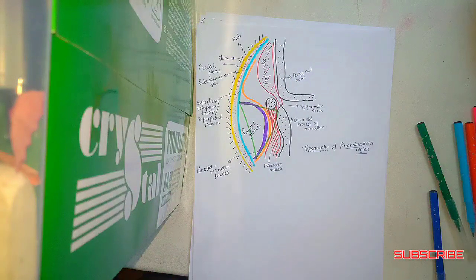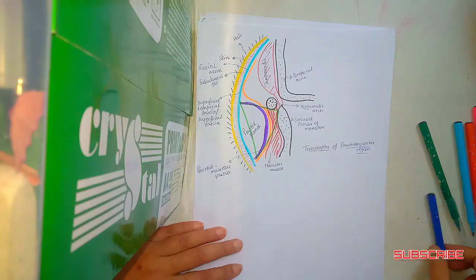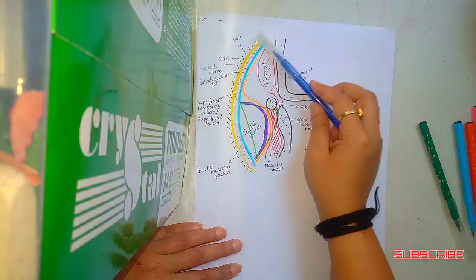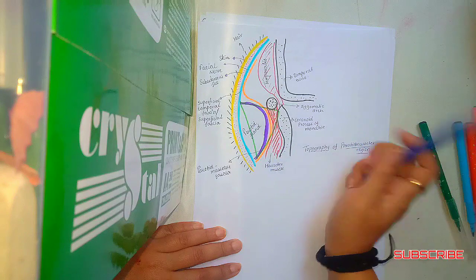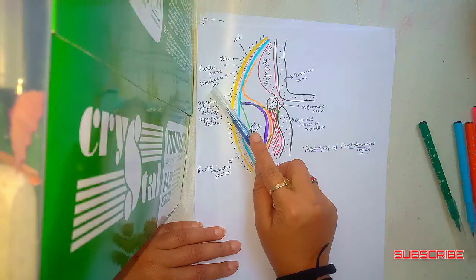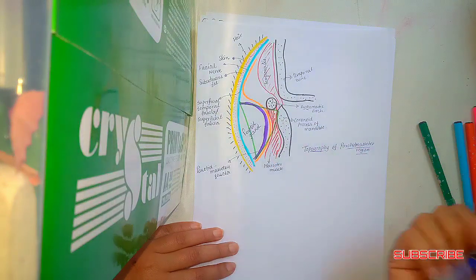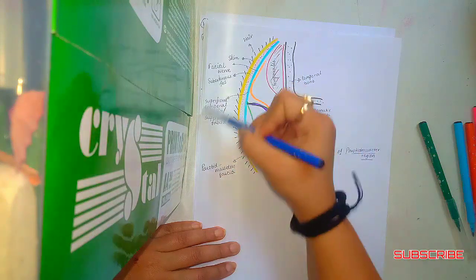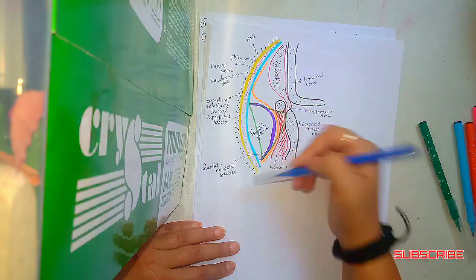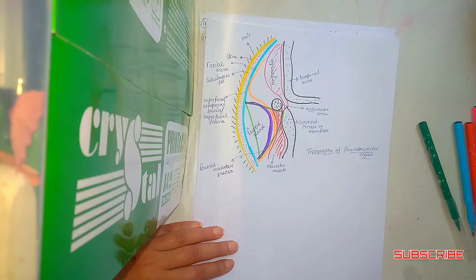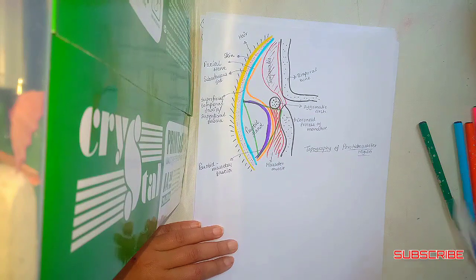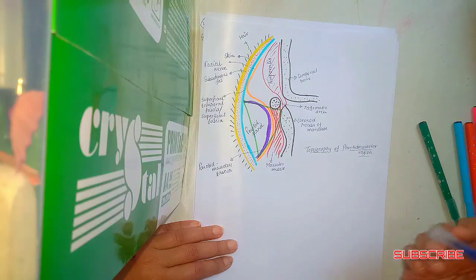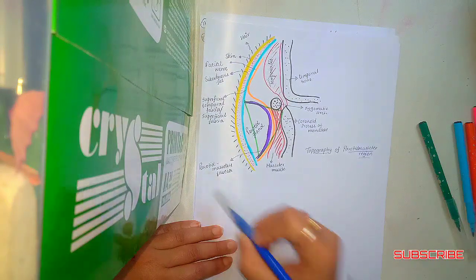So first we will talk about the layers. It consists of skin, subcutaneous tissue, or you can say subcutaneous fat, superficial fascia, right, this blue color, and the deep fascia, which is known as the parotid masseteric fascia.